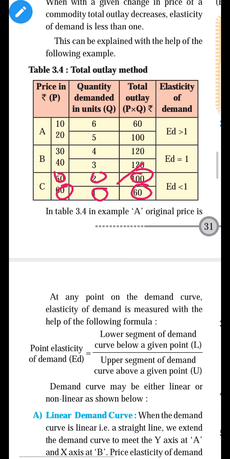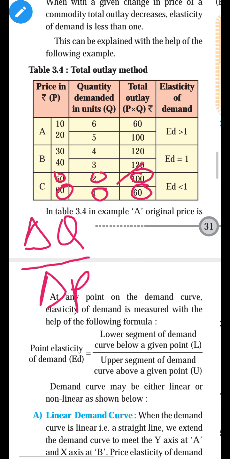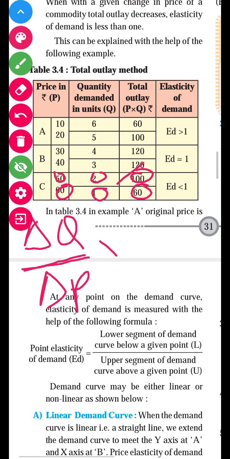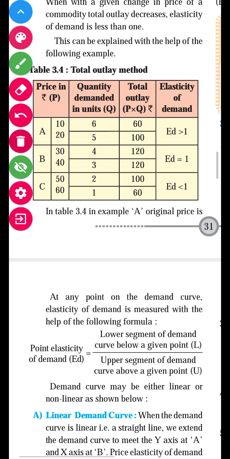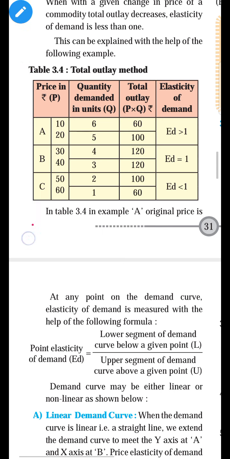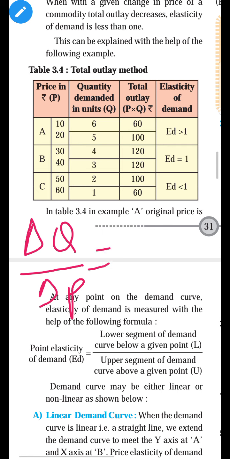So what is the delta Q value? The formula is delta Q upon delta P. Here the delta Q value is 60. Every denominator is delta Q. And delta P is 100.